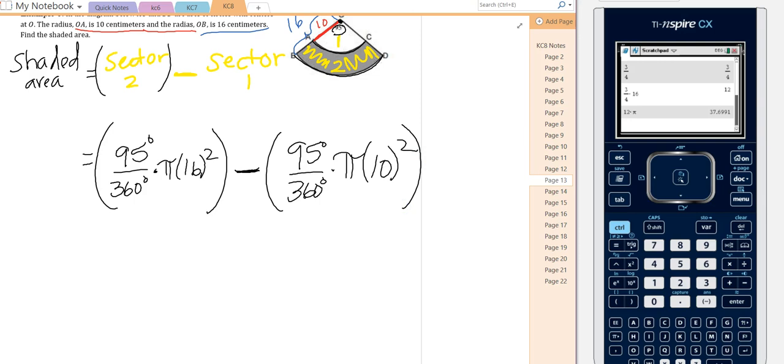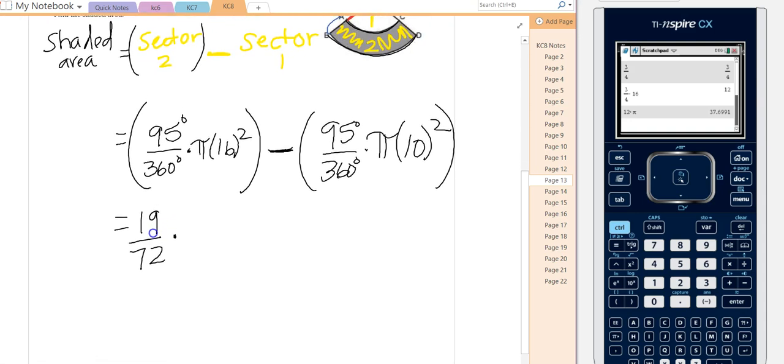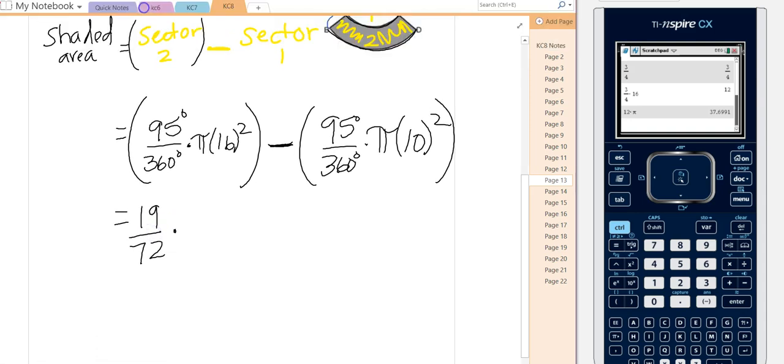So now we simplify. 95 over 360 is going to be 19 over 72. 16 squared is 256. Don't forget to bring down my pi. I'm going to simplify this even more.